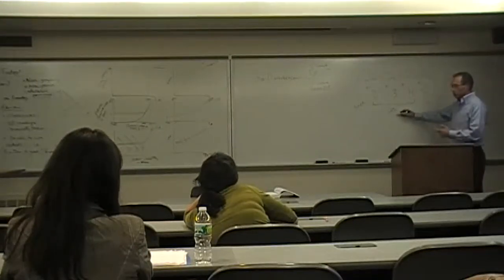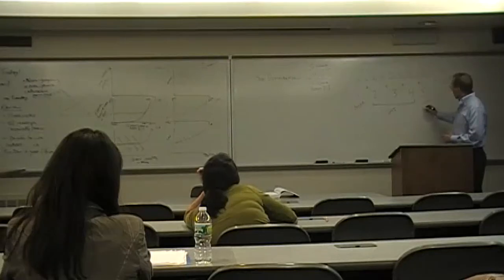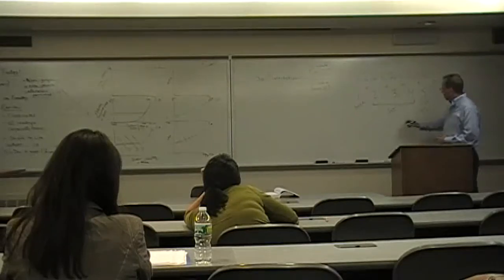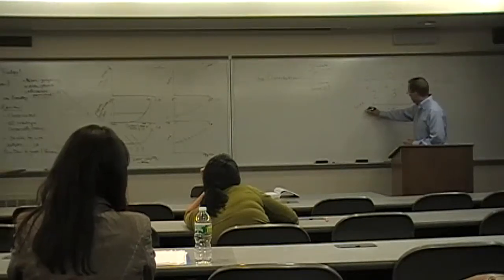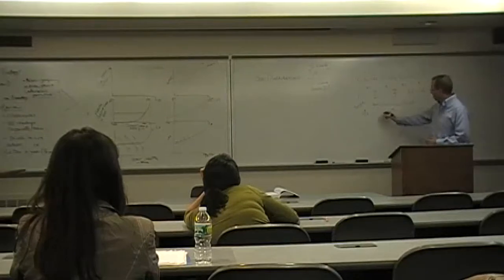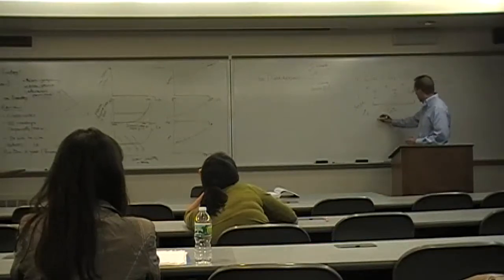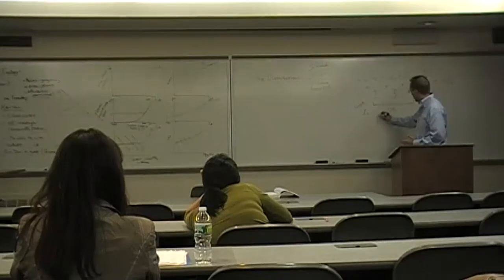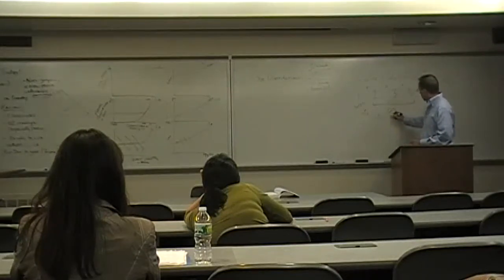Under the situation you've described, I could have this be 32%, and this be 4%, and this could be 10%. This could be 20%.